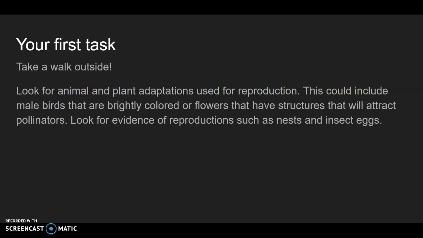It's springtime, so there are a lot of things that are in bloom, so look for flowers that might have structures that are special to attract pollinators. Think about those birds again. There are nests out there for birds. Insects will lay eggs, so can you find any evidence of an insect or an arachnid that is trying to create a place to harbor its young?